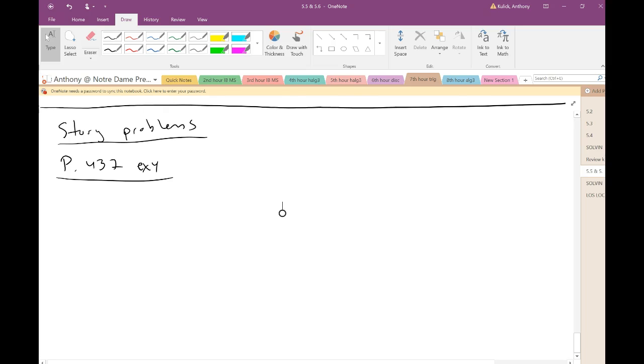Ranger Rick Thorpe at Ranger Station B, 10 miles due east of A, sights the same fire on a line 48 degrees west of north. Find the distance from each ranger station to the fire.